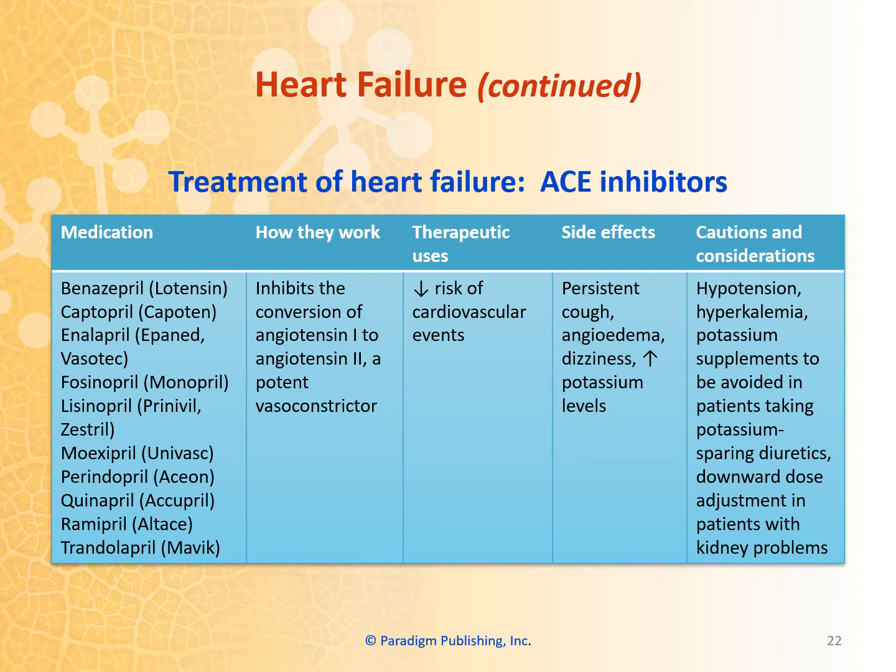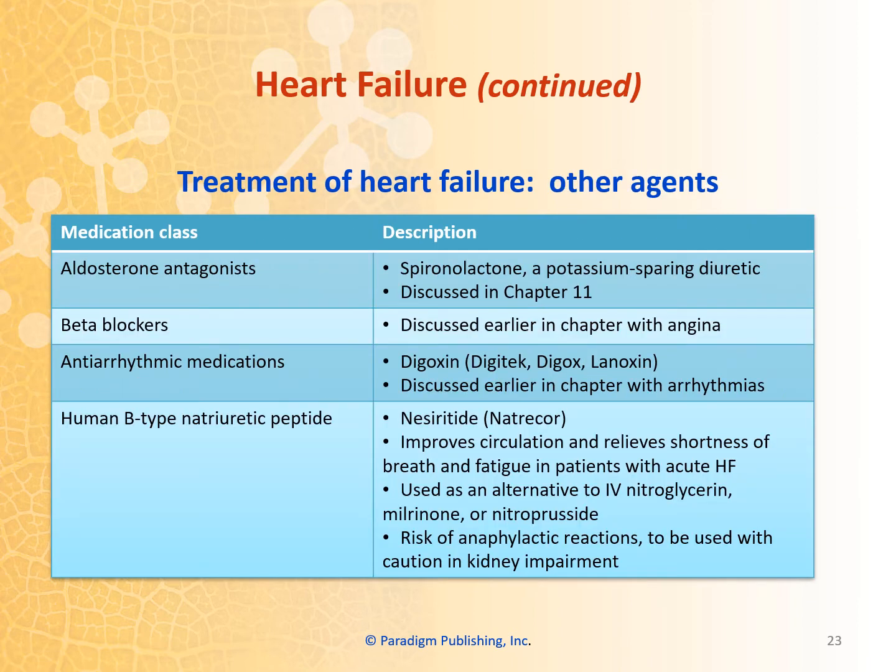That's another way to remember those and their classifications. The way they work is they inhibit the conversion of angiotensin 1 to angiotensin 2, a potent vasoconstrictor. There are other agents that are used, such as aldosterone antagonists, beta blockers, antiarrhythmic medications, and human B-type natriuretic peptides.